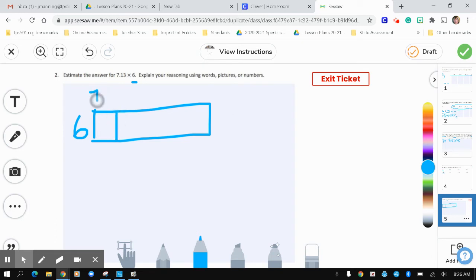So I have 7 and the place value is the ones. Then we have a 1 and that's in the tenths. Sorry, my handwriting's so hard to read. And then we have a 3 in the hundredths. So when we have those, then we can use this area model to multiply it.